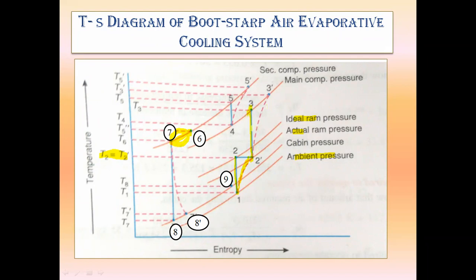This would be the ideal process, isentropic compression, but actually, because of irreversibility, this process is 2 dash to 3 dash. That takes place inside the main compressor. The outlet of the main compressor is supplied to the first heat exchanger. There, constant pressure heat rejection takes place, and heat is rejected to the ram air. So this is the 3 dash to 4 process.